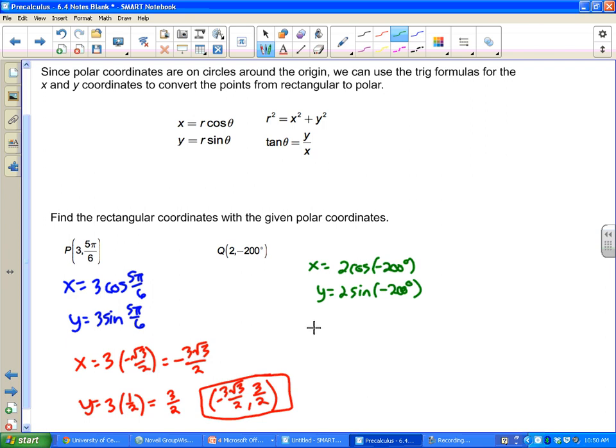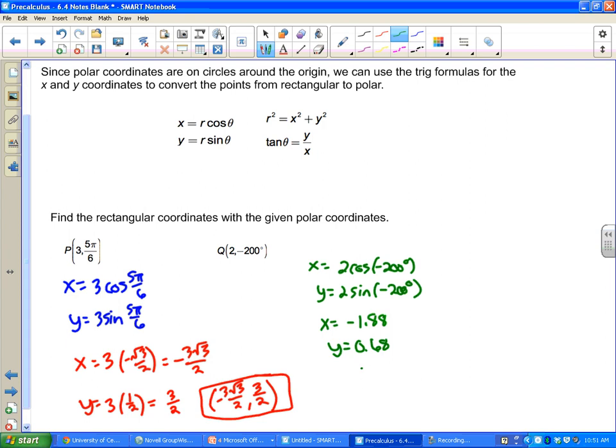Make sure that your calculator is in degree mode for that. That gives me for x negative 1.88 and for y 0.68.